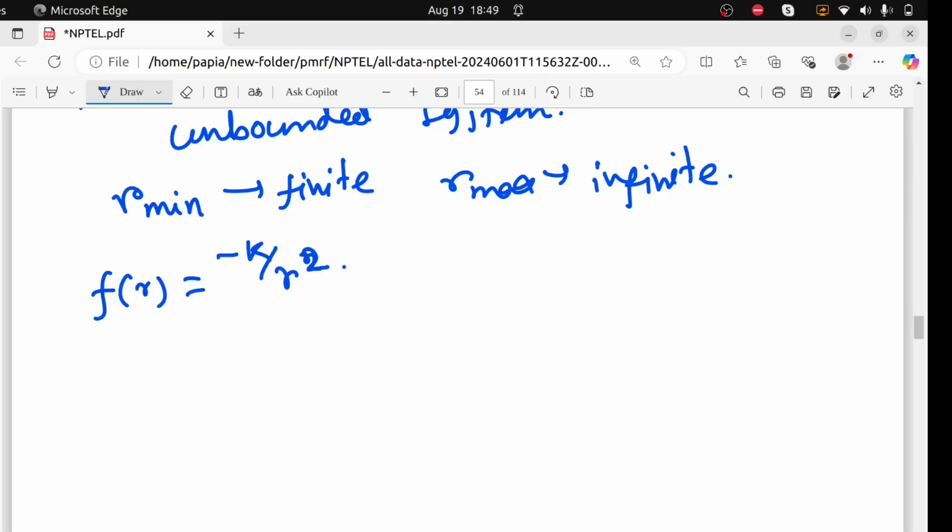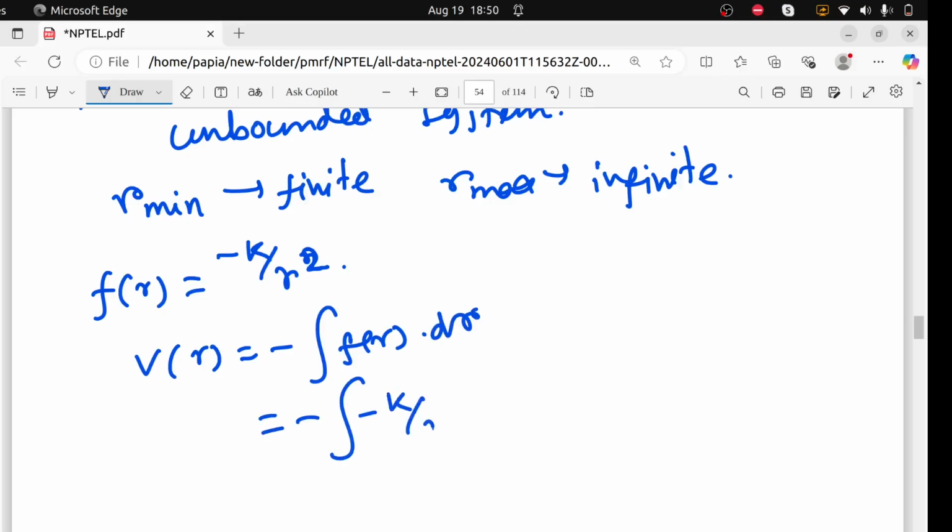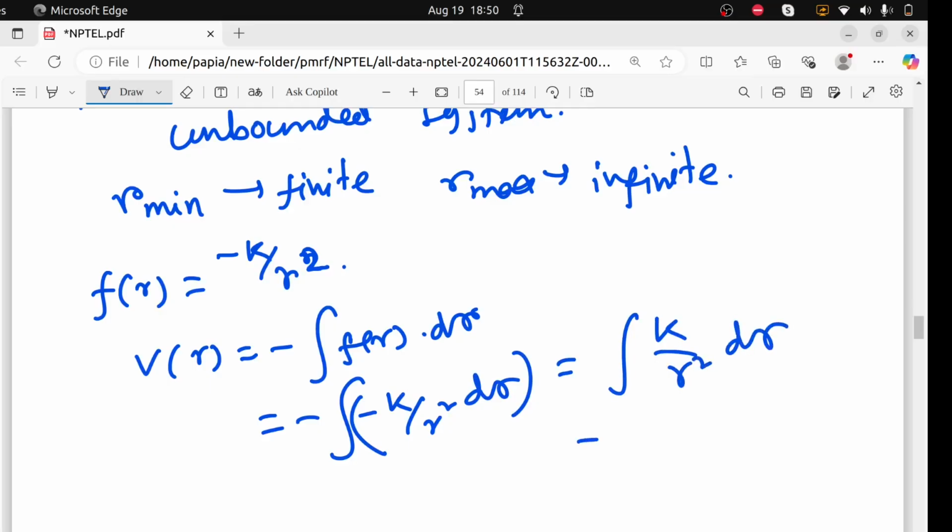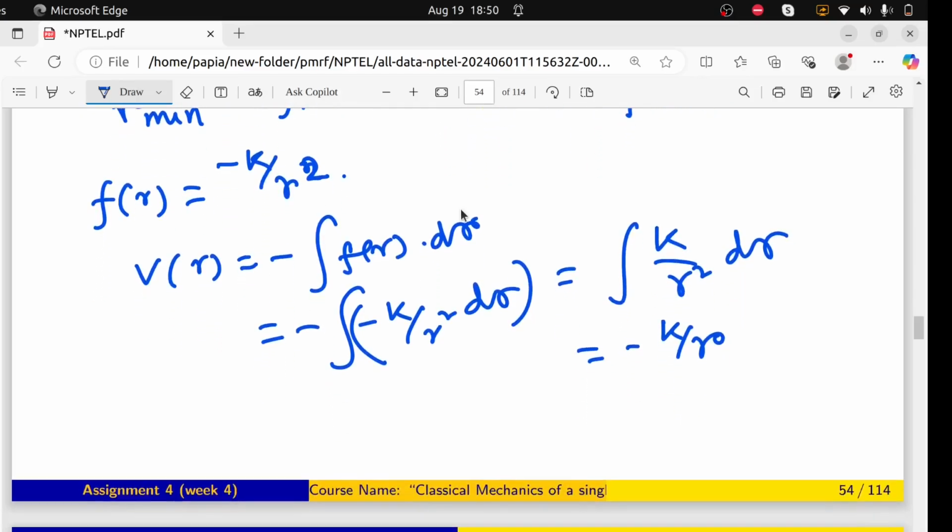Now, if I take V of r, which is minus the integration of F r dot dr, so it is minus of minus k by r square dr, which gives minus k by r. So V of r is minus k by r.